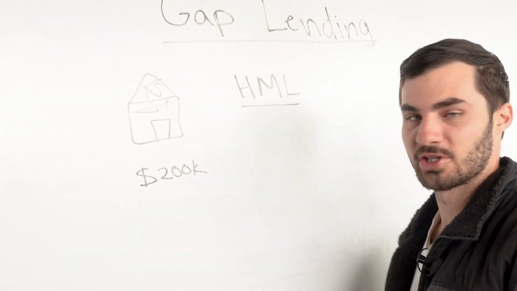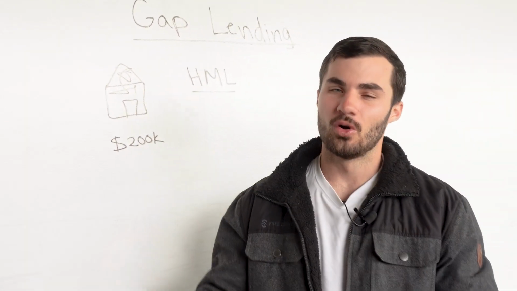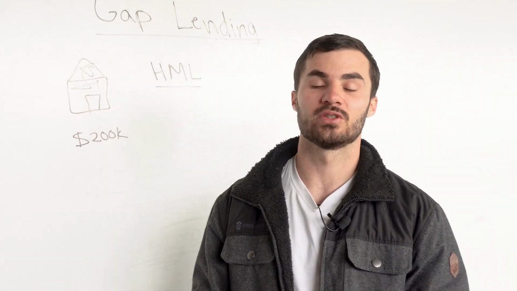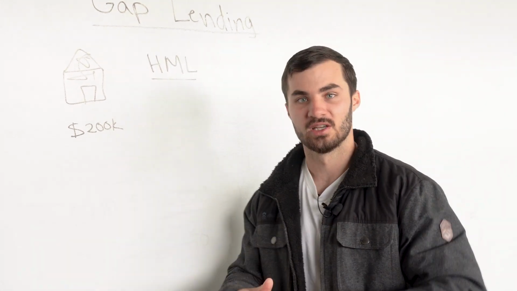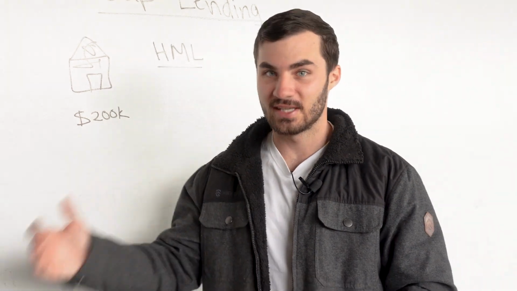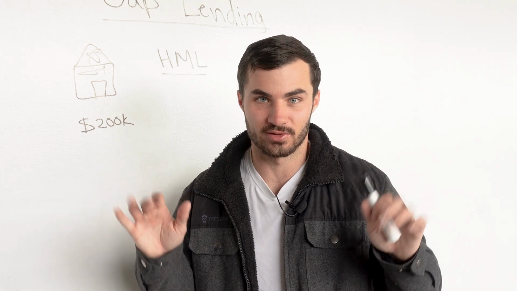Okay, so a fix and flipper is going to go get a hard money loan to buy this property. Now, again, there's so many ways that this can go, but for the purposes of this example, a hard money loan is going to oftentimes look at a percentage of the purchase price to loan you. Why? Because if they give you all the money and you don't have any skin in the game, then you're a lot less likely to perform, right? There's no negatives on your end.